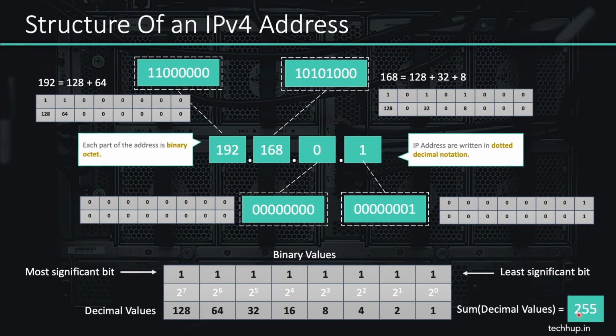So each of these octets is always going to be max 255 in its decimal value representation, and not beyond that. This is calculated by summation of the corresponding decimal values of each of these 8 bits of information.